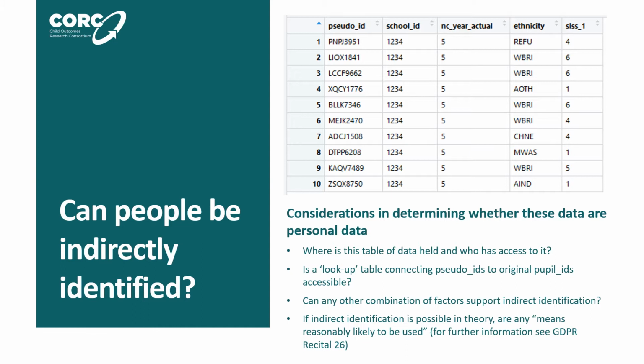For example, could knowing the school, year group, and ethnicity of any pupils be used to indirectly identify them? If this is theoretically possible, what would be the time, effort, and additional information requirements to do so? Recital 26 of the GDPR provides further guidance on this, and talks about the need to take account of whether there are any means reasonably likely to be used to indirectly identify someone.